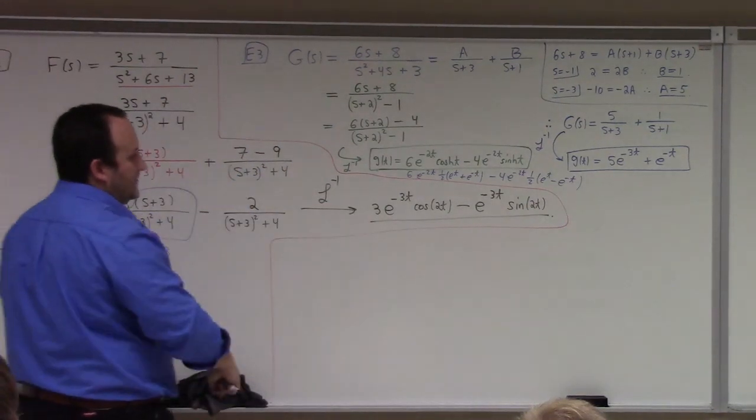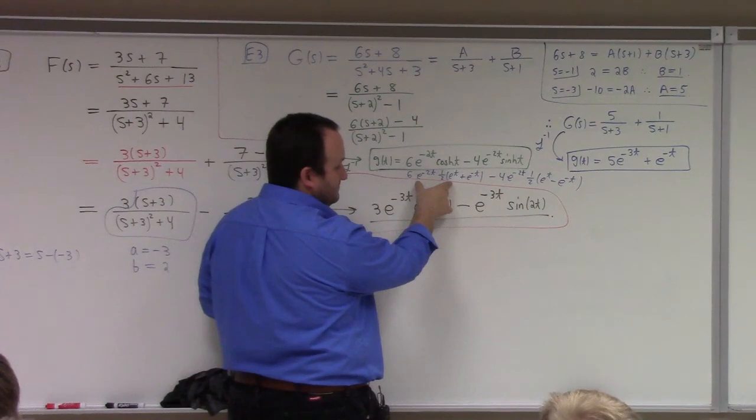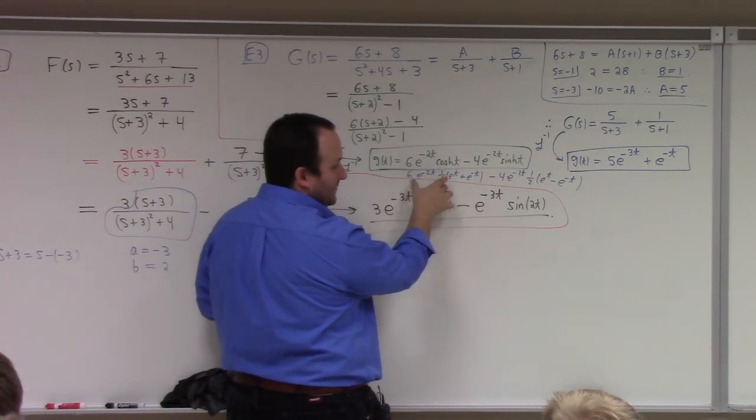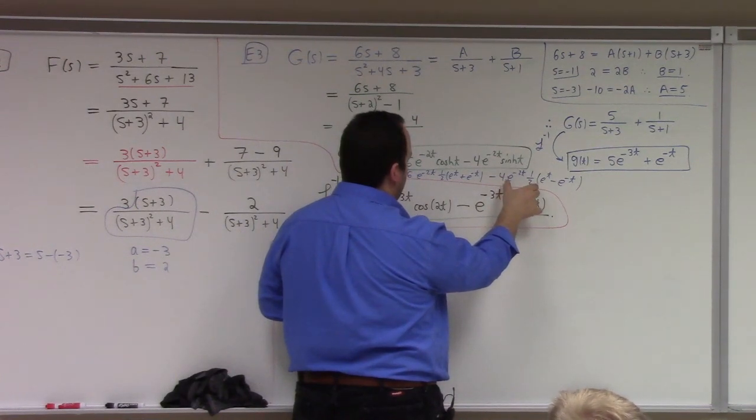Multiply that out. You've got this times this is an e to the minus t. I got 3 of them from here. This times this is an e to the minus t. I've got minus 2 of them from here. Oh, man. I said something wrong.